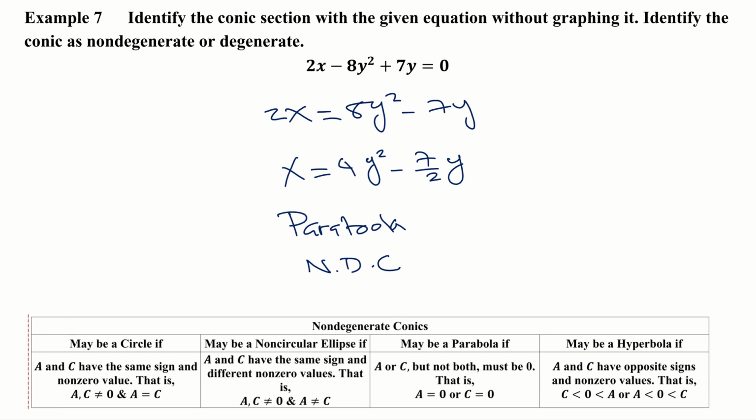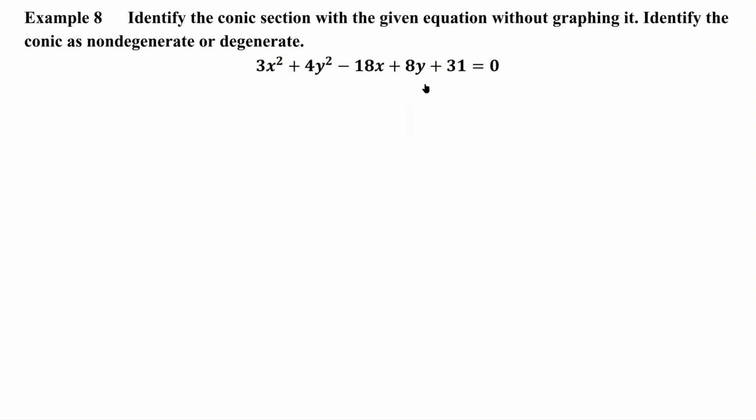Okay. All right, so we have one which is very much in general form. As I have said before, the safest thing to do is to put this in standard form, then decide what kind of conic you're looking at. Go ahead and see if you can figure that out before you continue.